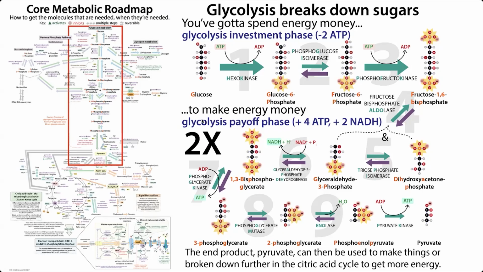To go in the reverse direction and make glucose, you're going to have to use some different enzymes for the metabolically irreversible steps: this hexokinase step, this phosphofructokinase step, and the pyruvate kinase step. The pyruvate kinase step, in fact, needs two enzymes in order to reverse it in gluconeogenesis and keep the gluconeogenesis pathway energetically favorable.